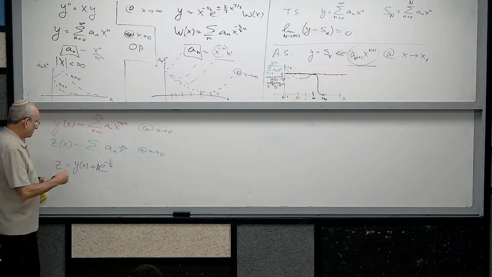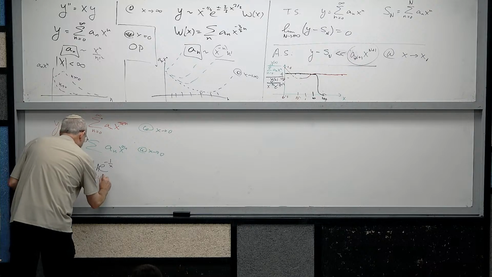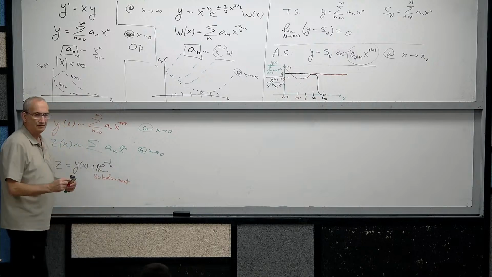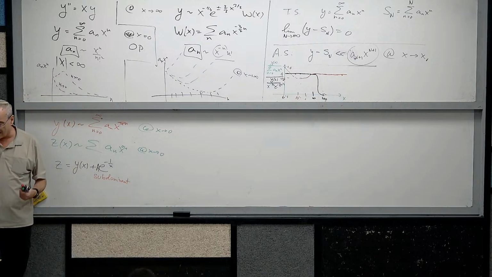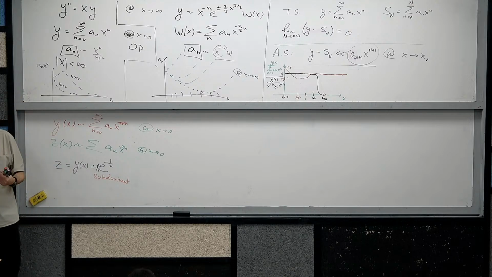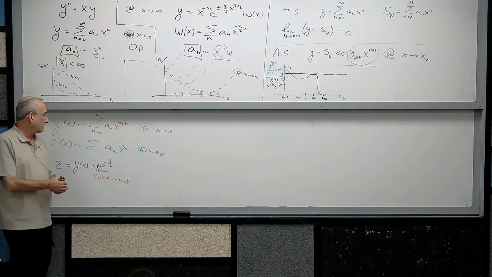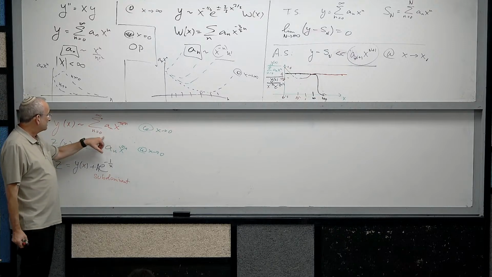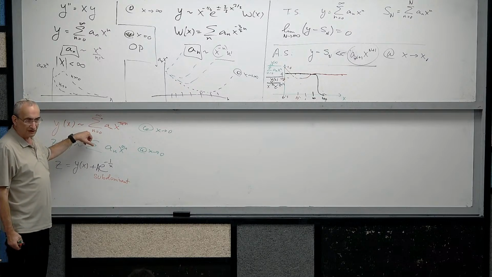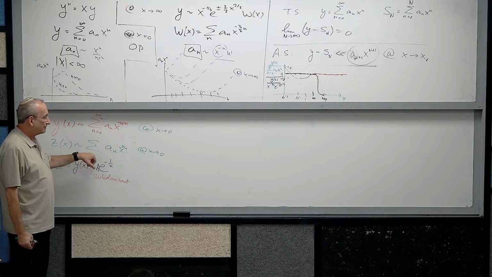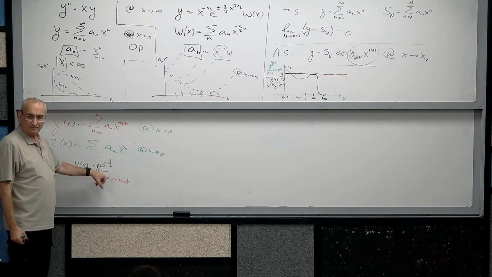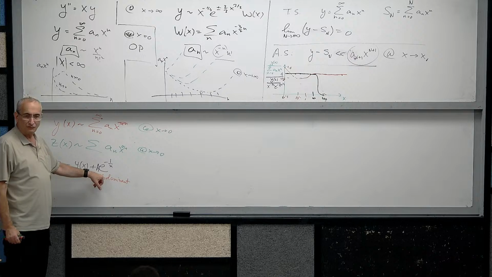Such a term is called a subdominant term. And so we can always add a subdominant term to a function and have the same asymptotic behavior. So if I found this asymptotic behavior of my function, maybe I missed such a term. This is a word of caution.